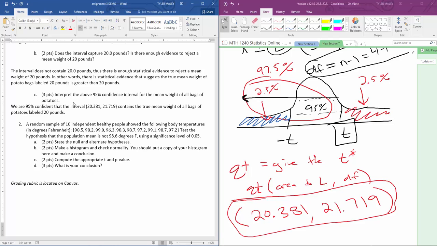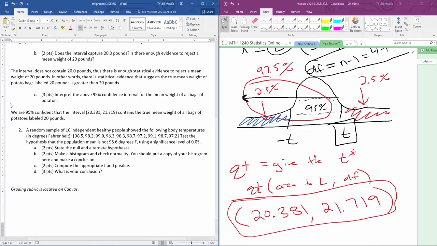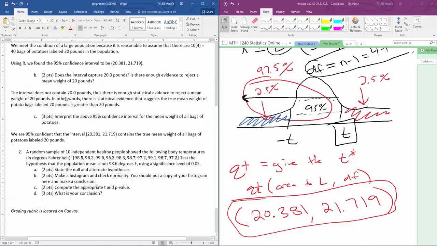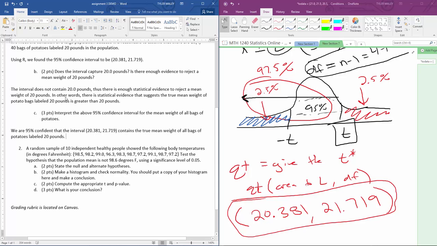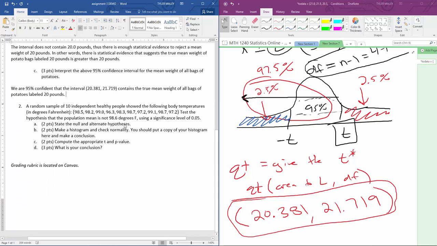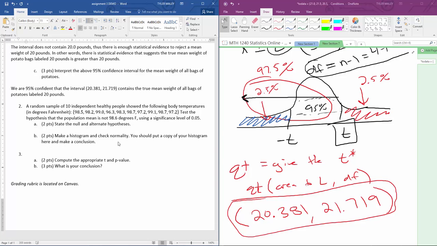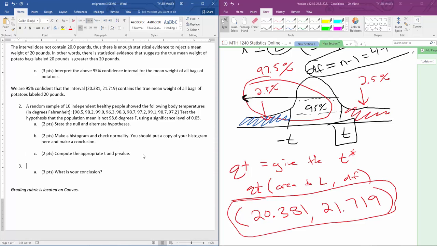So we're 95% confident that my true population mean is in this interval. So there's number one. All right, so just add some spaces there.